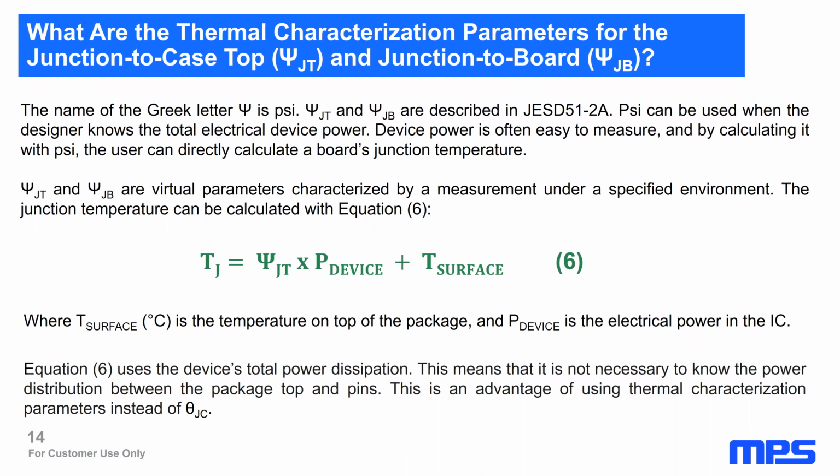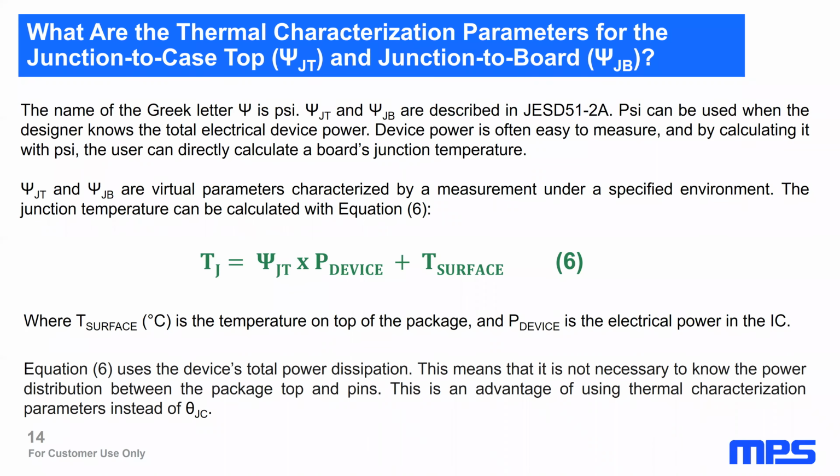With Psi, the user can directly calculate the junction temperature. Psi is a characterization parameter and allows the calculation of the junction temperature using a thermal imaging camera. Measure the package top surface temperature with the camera and calculate the junction temperature using equation 6.